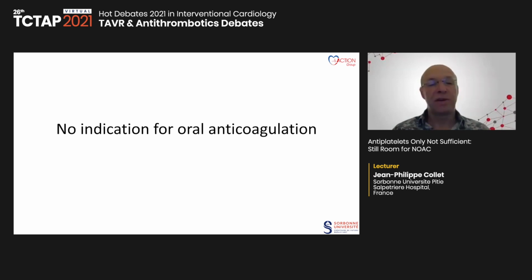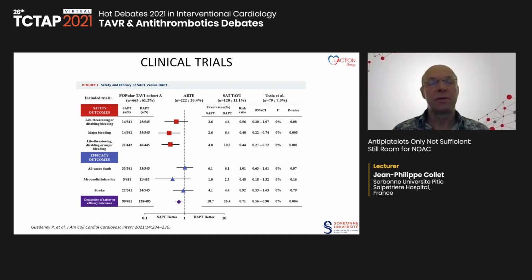So if the patient has no indication for oral anticoagulation, we have a very nice demonstration, mainly based on the POPular TAVR trial, that single antiplatelet therapy is much better than dual antiplatelet therapy. It is safer, and outcomes in terms of thromboembolic events do not differ according to SAPT or DAPT.